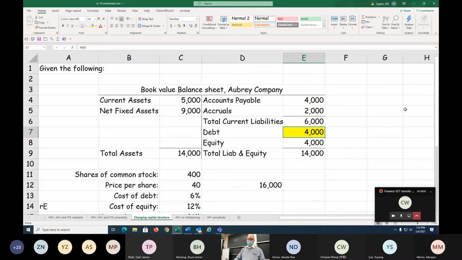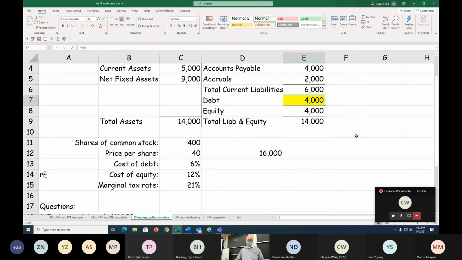Okay? All right. So shares of common stock, 400. Price per share, 40. That means your equity is 16,000, isn't it? So I have the debt, I have the equity. Okay, what are you supposed to do with this beast?